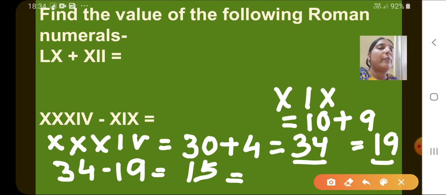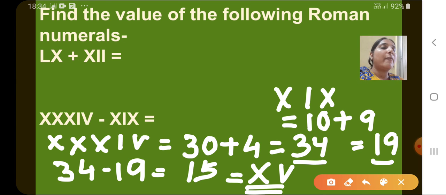So how we will write 15? That can be written as 10 plus 5. How do we write 10 in Roman numeral? X. And how do we write 5? V. So what will be the answer for this given question? It will be XV. The difference obtained here is 15, which when we converted to Roman numeral, we got it as XV. Got it, children?